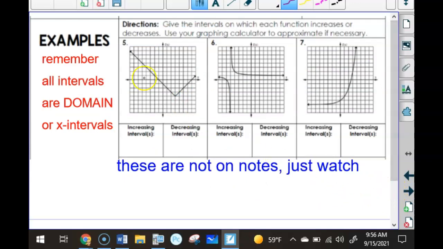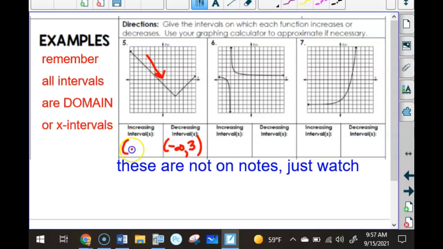So, these are not on the notes, so you don't have to write them down. Can you just look up here and help me? What is happening first on this graph? Decreasing. And how do I write that? From the left of -infinity until, I don't know, I'm going to say that that's 3. I can't really see. And then what happens?